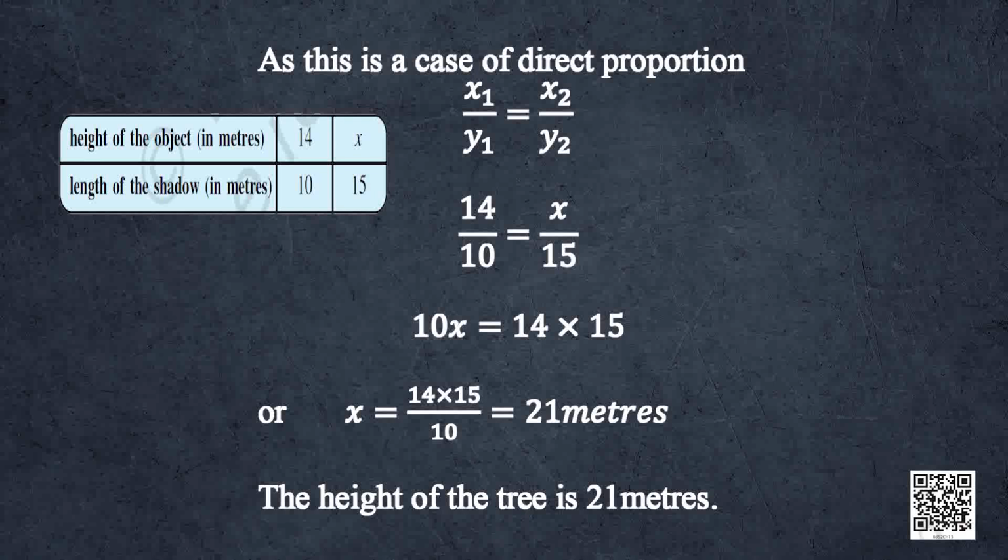By cross multiplication, we get 10x is equal to 14 into 15. That is, x is equal to 14 into 15 divided by 10, which is equal to 21. So, the height of the tree is 21 meters.